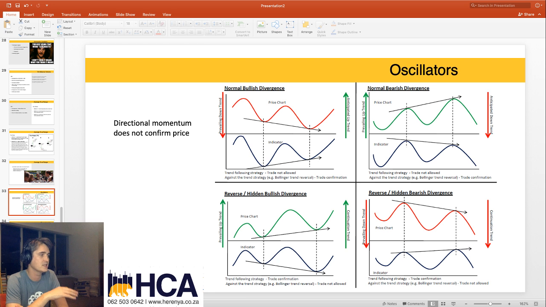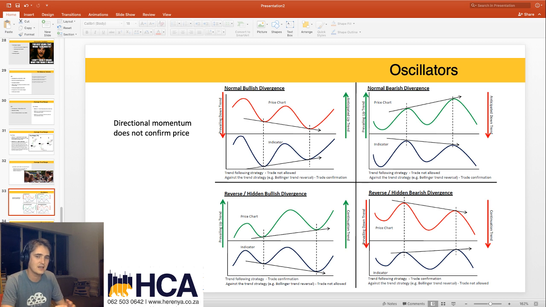Normal bullish divergence is when the price is making lower lows, but the oscillator or the momentum indicator is making higher lows, right? Normal bearish divergence is when price is making higher highs, but your momentum-based indicator is making lower highs. Reverse bullish divergence is when you have price making higher highs and higher lows, while your momentum-based oscillator is making lower lows.